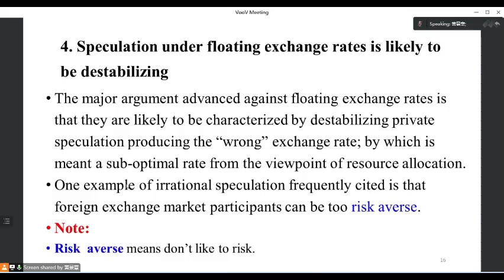This page of PPT tells us that speculation can happen on the floating exchange rate, but it can't happen on the fixed exchange rate.